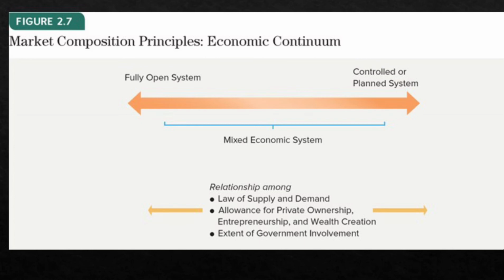On the other end of the continuum, we have controlled systems. In these economic systems, private ownership, entrepreneurship, and wealth creation are largely restricted or sometimes totally absent, and the government controls everything related to economic direction and activity.